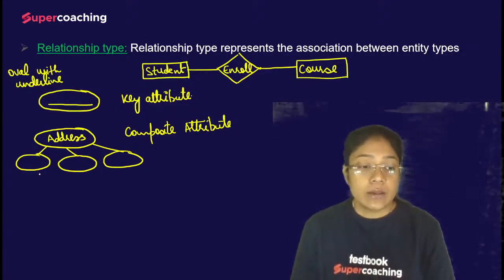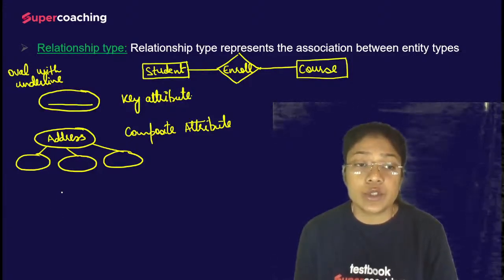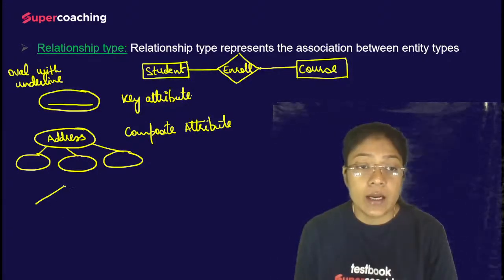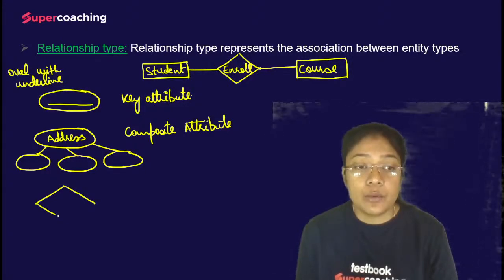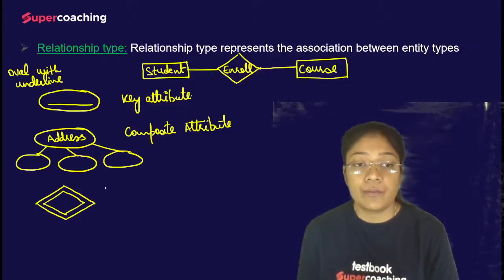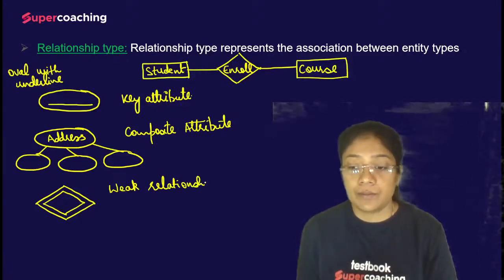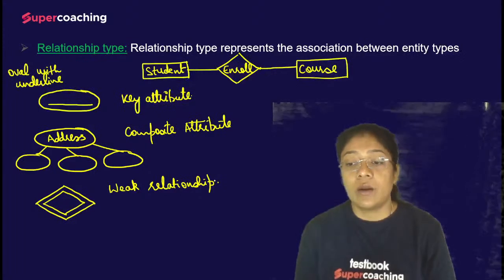Now sometimes there is a relationship that is known as the weak entity relationship. So that is represented by a diamond with border. This is weak relationship, right?